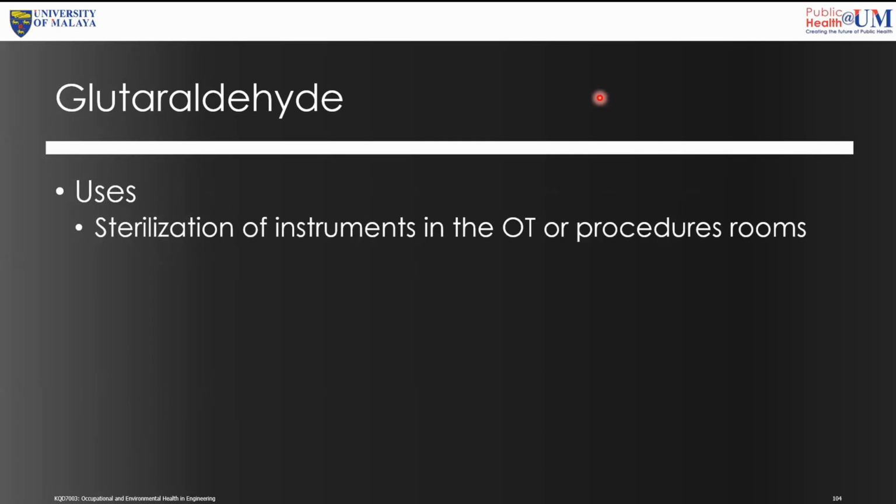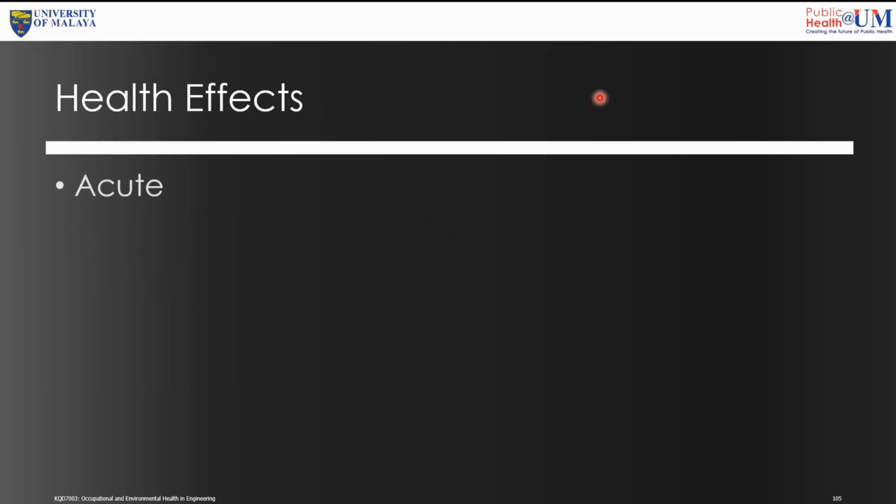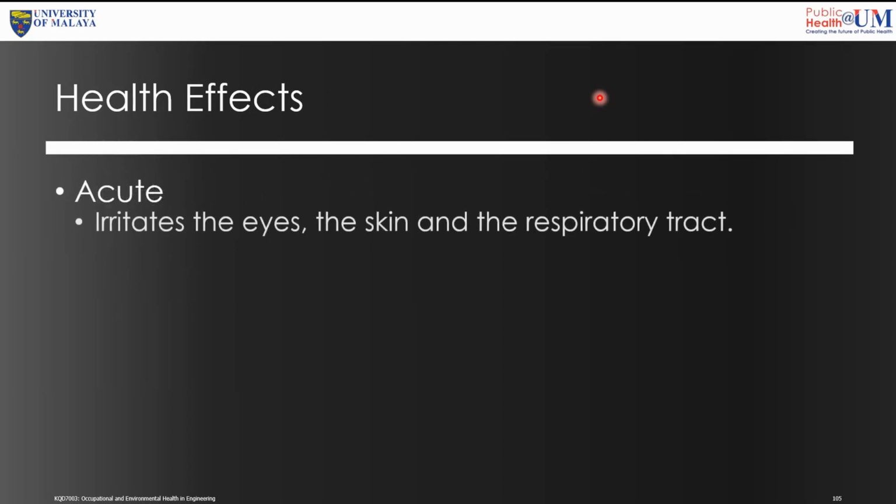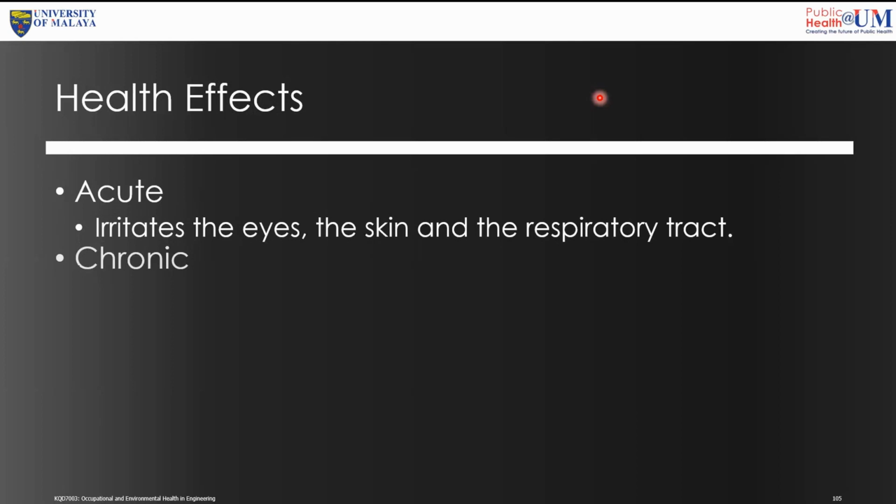So what's the use? Sterilization of instruments in the operating theater or procedure room, as I mentioned just now. The scope used for colonoscopy, scoping up or down, or gastroscopy, scoping from above, is sterilized using glutaraldehyde. Health effect: acute health effect consists of irritating the eyes, the skin, and respiratory tract.